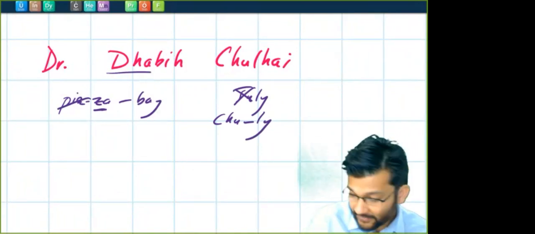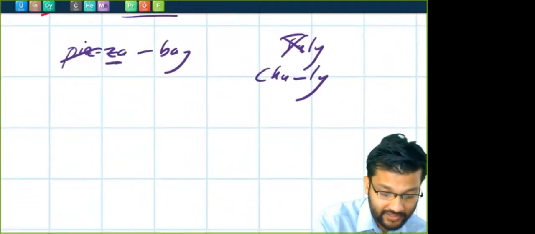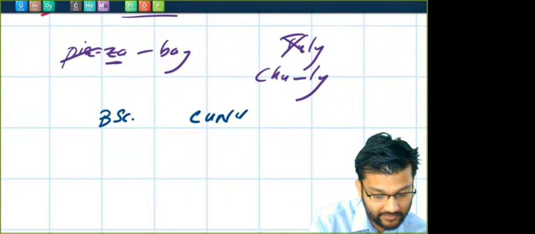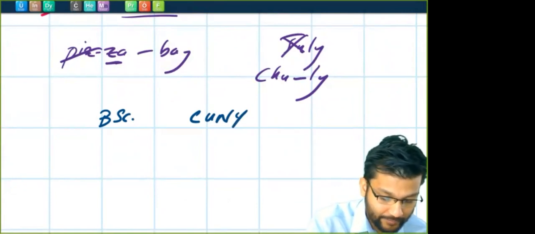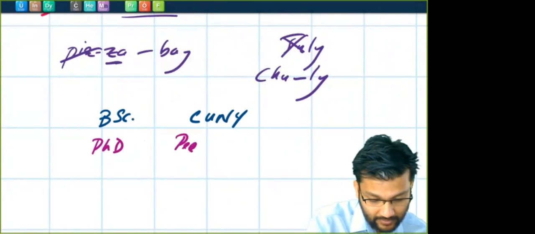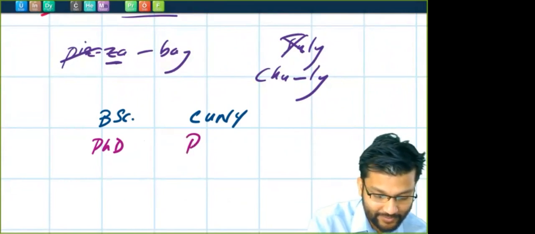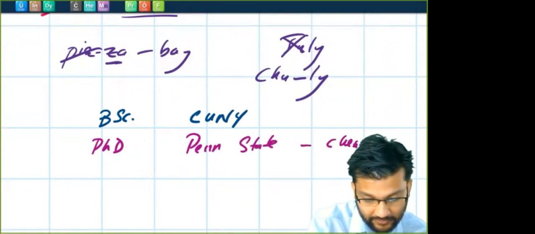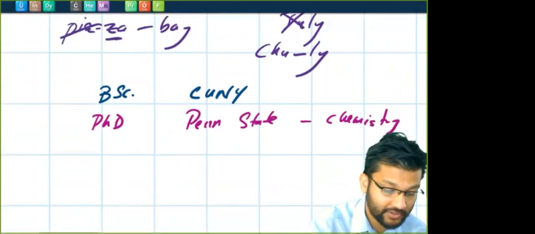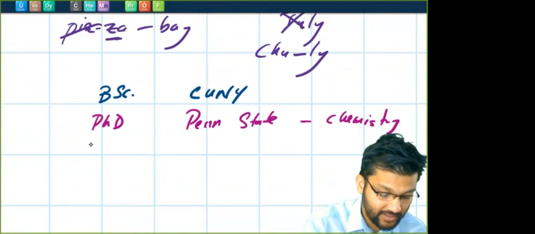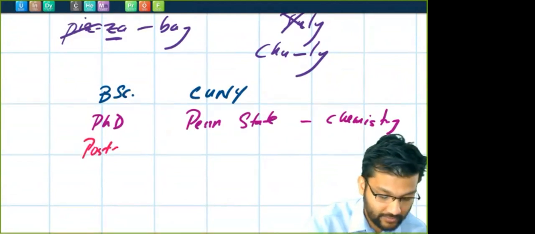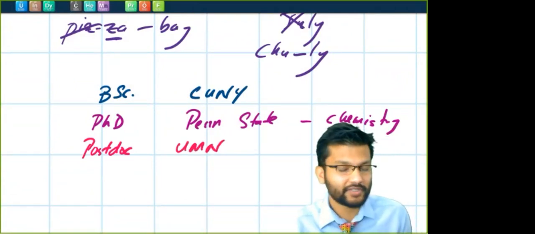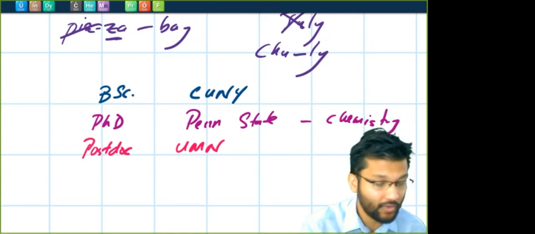In case you're curious, I did my undergrad at CUNY, the City University of New York, in chemistry, of course. I got my PhD at Penn State, in chemistry, but with a focus on theoretical and computational chemistry, specifically for nanoparticles. And then I did my postdoc at University of Minnesota, again on theoretical and computational chemistry, focusing on something called quantum embedding.